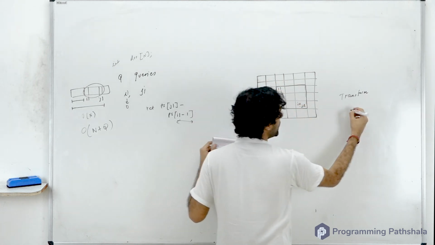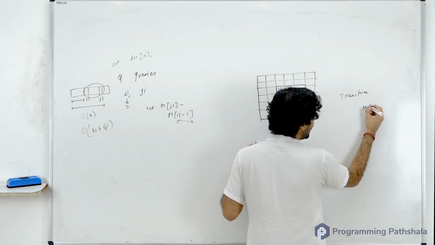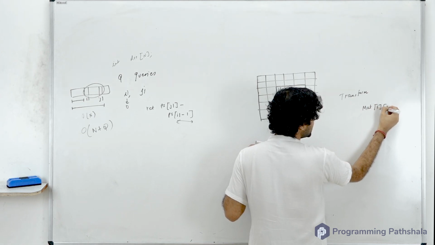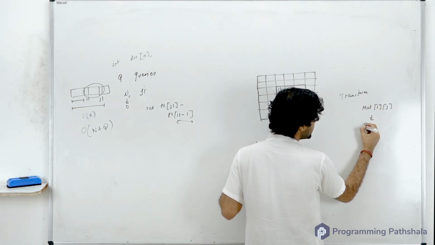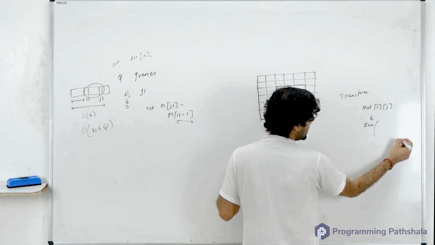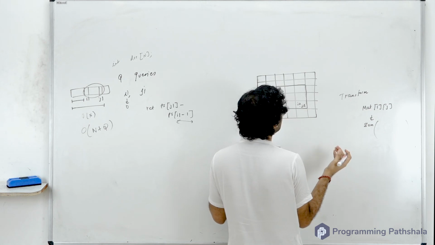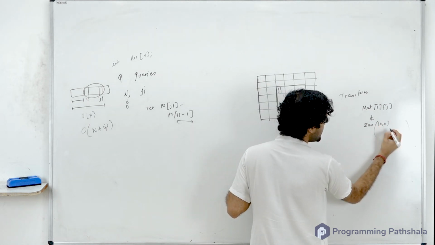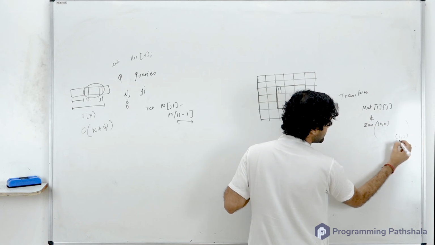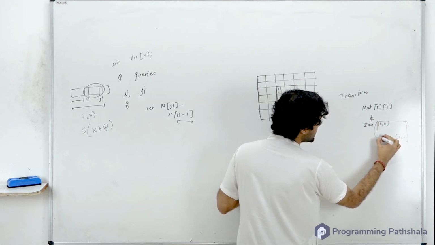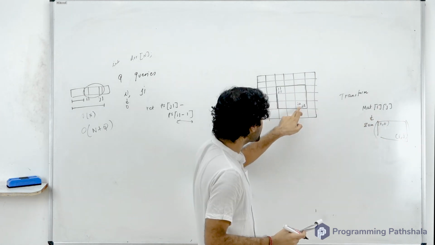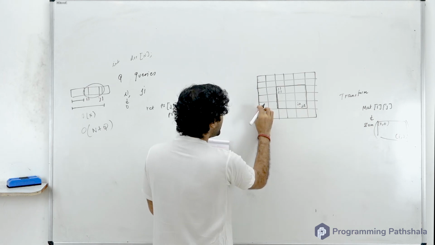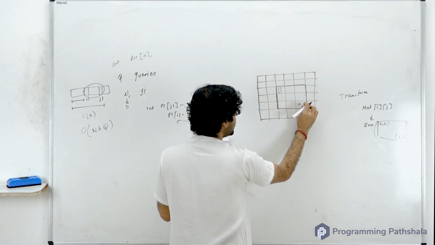So matrix of Ij should contain the sum of the submatrix whose top left is 0, 0 and bottom right is Ij. So the value stored here should be the sum of all the elements present in this.